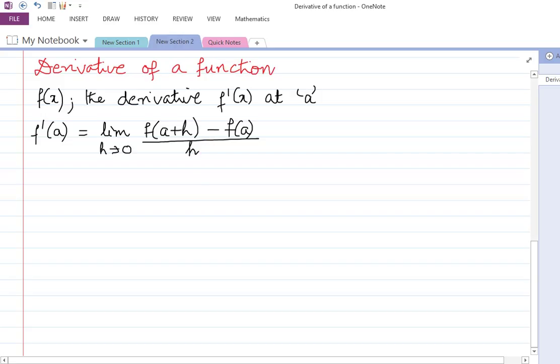Now let's also try to understand what this formula means geometrically. Right? And so for that, let's take a function.